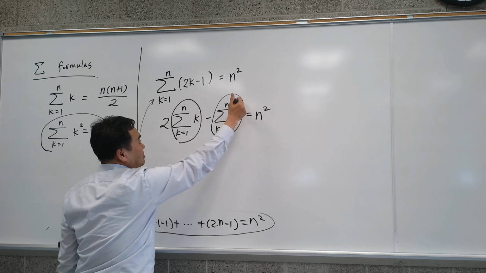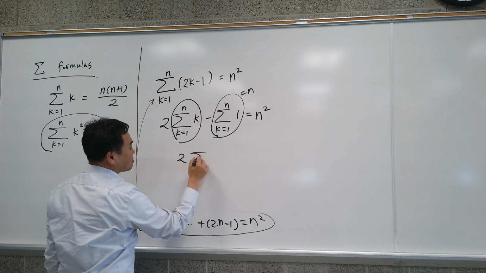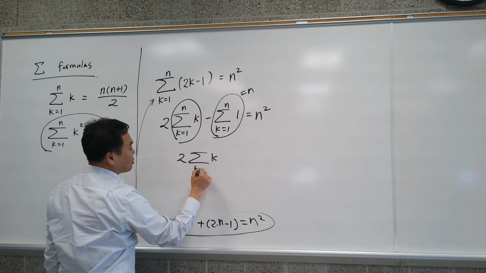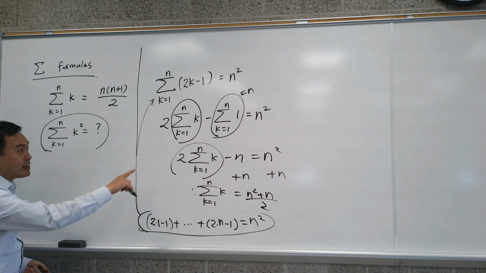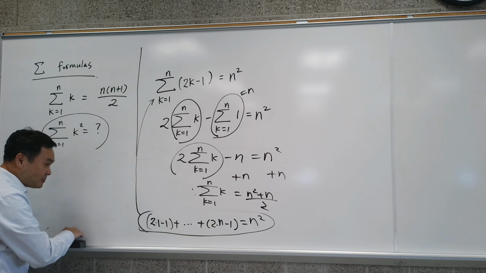Because this is equal to n, you have 2 times summation k equals 1 through n equals this thing minus n, which is n squared, so you add n on both sides. So you get 2 times summation k equals n squared plus n. And now you divide by 2. So that's your result, which is the same as this guy if you factor out n, right? You can go both ways. But it's exactly this idea that I'm going after, okay?